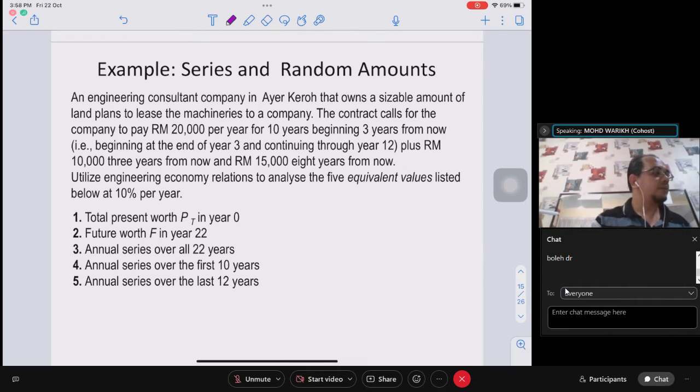Macam mana? Macam mana? Boleh buat tak? Yang jawapan dia. Buat tak? Boleh buat. Saya bagi masa buat dulu.